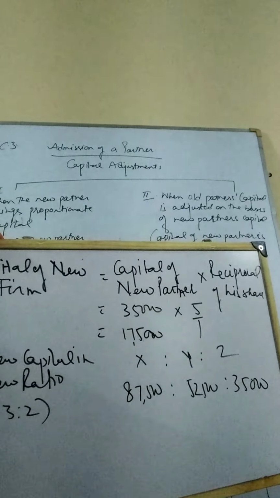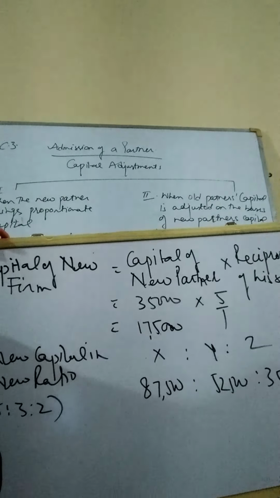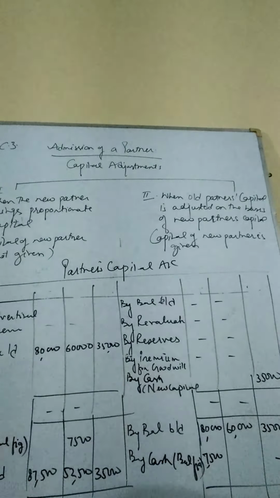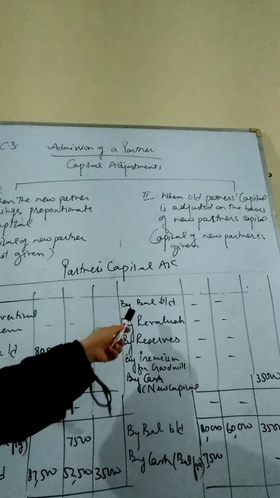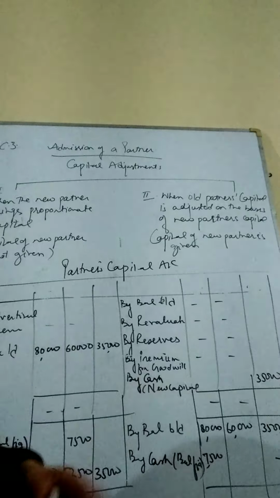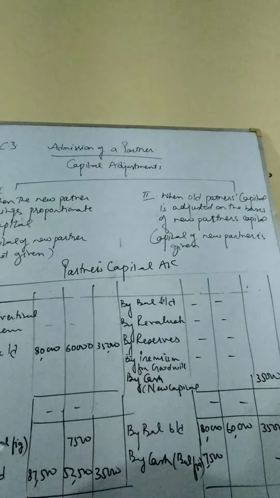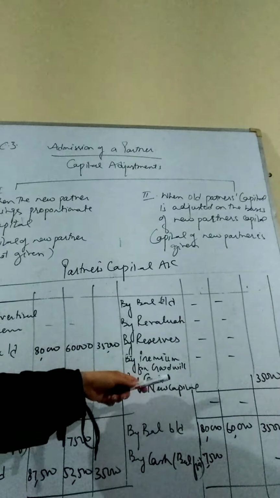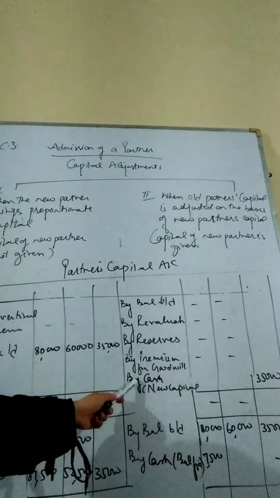Let us take an example of how we show it in the capital account. Here we have a brief description of it in the capital account. As you can have a look at the credit side first. By balance brought down, whatever capital they were having in the previous balance sheet, that you have to write. In this question it is not there, so I am not writing. Any adjustment on account of revaluation, any reserve, any premium brought in by the partner, and by cash.